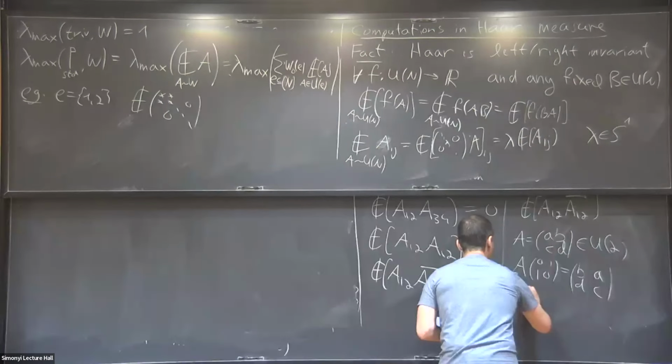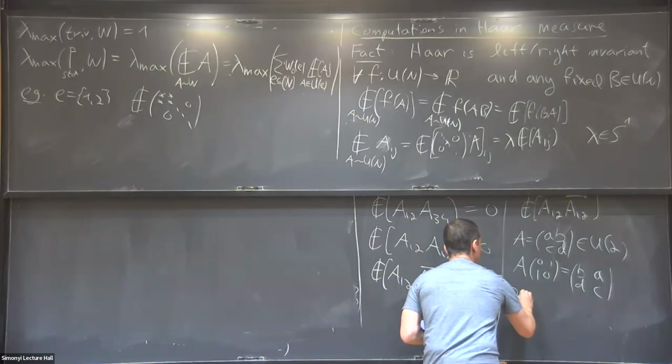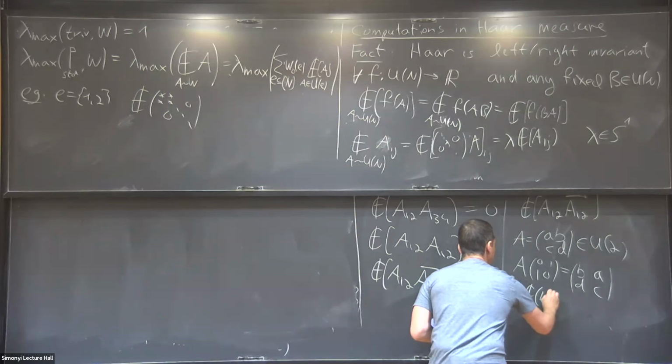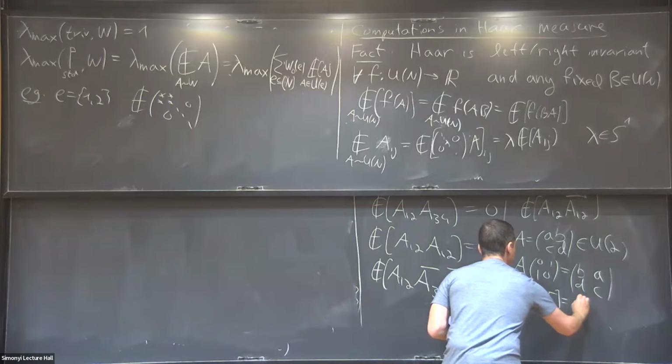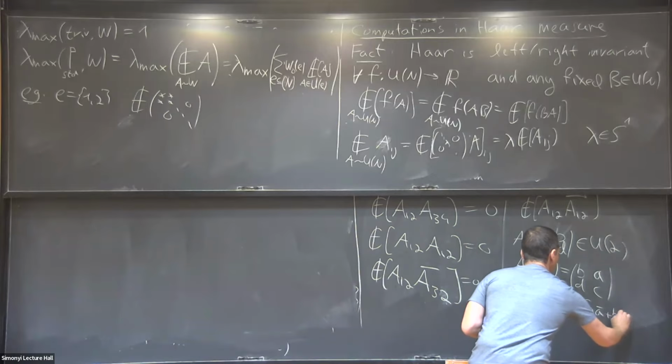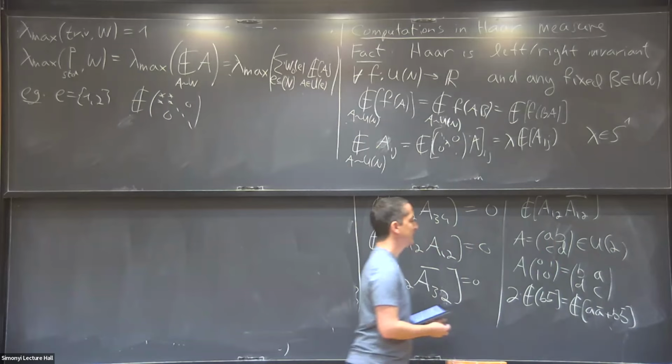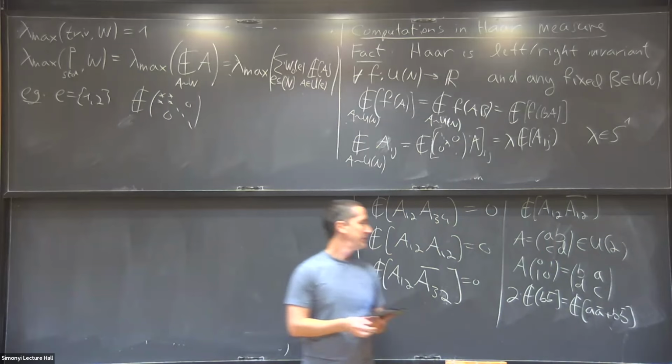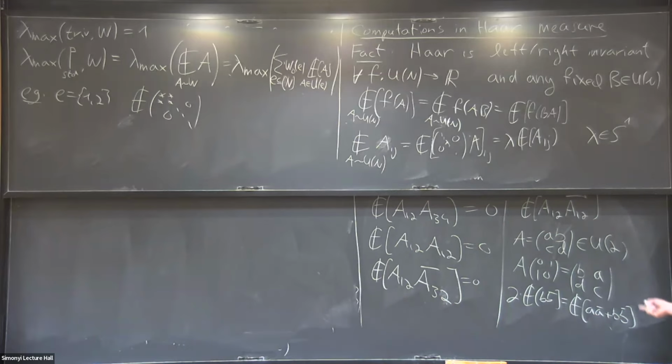So I write 2 times the expected value of BB bar is the same as the expected value of AA bar plus BB bar, which is what? This is exactly the norm of the first row of the matrix. This is a unitary matrix, the norm is 1. So this is 1, so each one of them is 1/2.